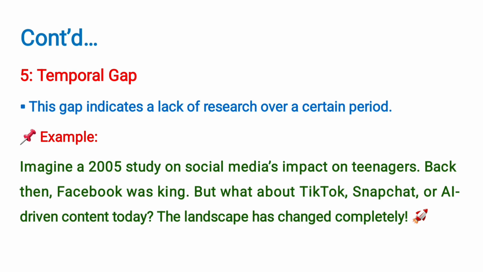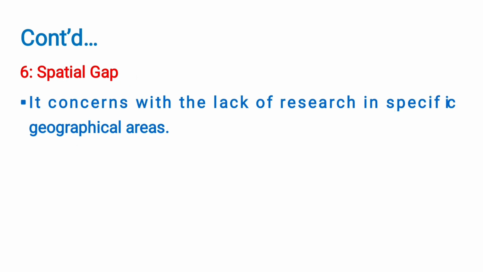Now, let's talk about gaps that exist not over time, but across locations, which is the sixth research gap. That is the spatial gap. Ever notice that most studies come from a few select countries? The spatial gap exists when a researcher focuses too much on one region and ignores the others.